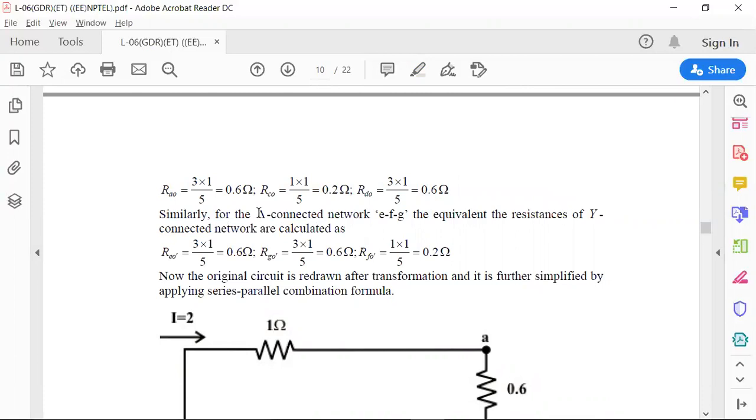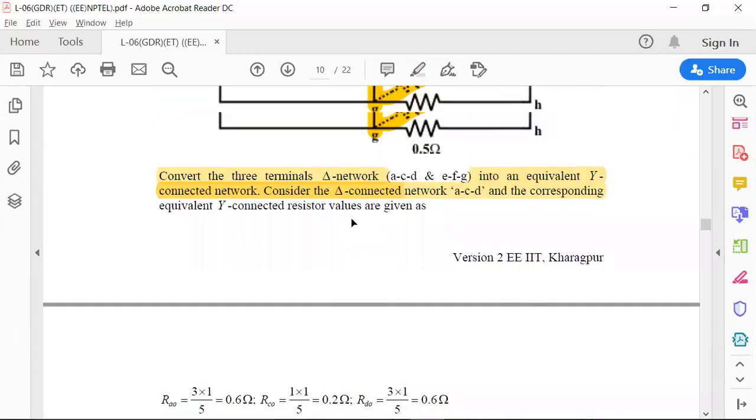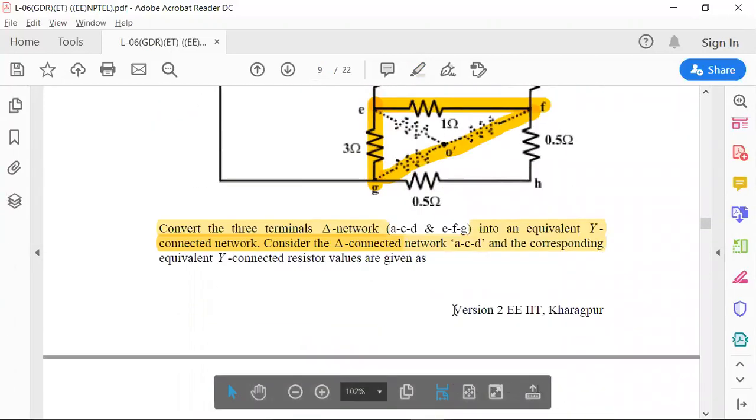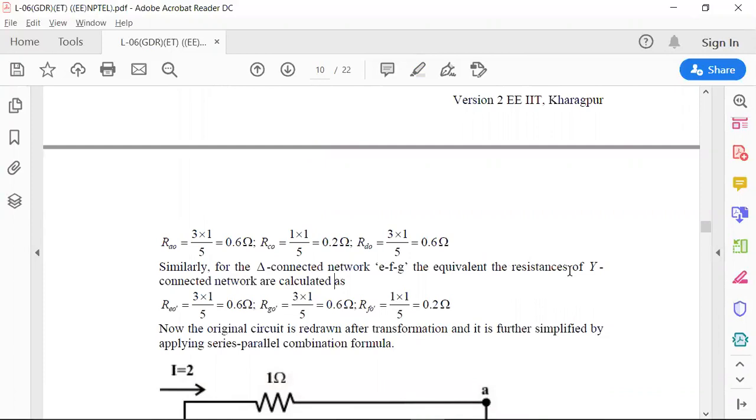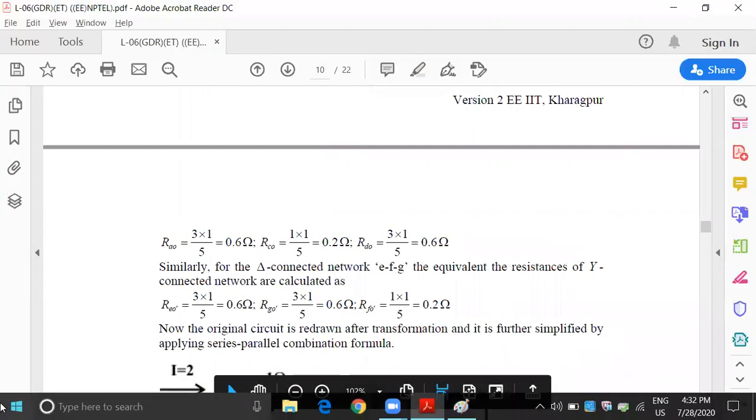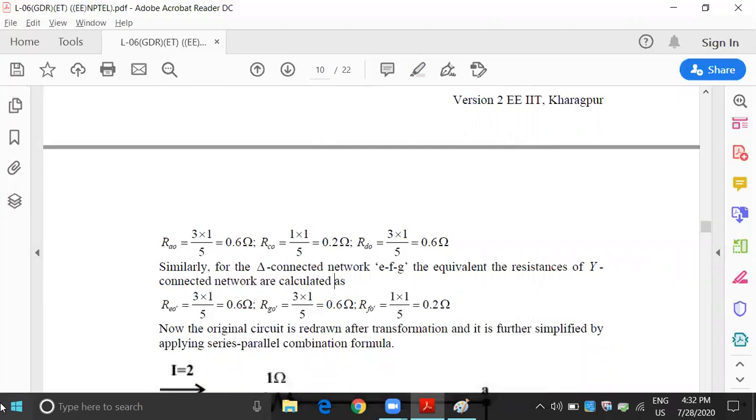After that, you need to concentrate on the second delta network, that is EFG. From this network EFG, the equivalent resistance is converted from delta to star again. Just look at the calculations.